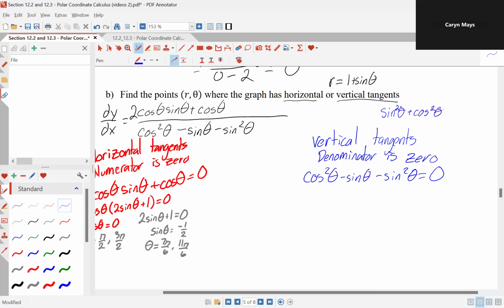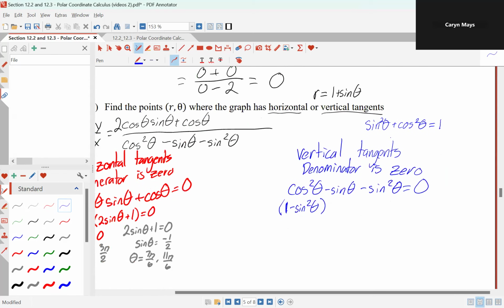Remember, sine squared plus cosine squared equals 1, which means cosine squared is 1 minus sine squared. Let me write out what I am saying.